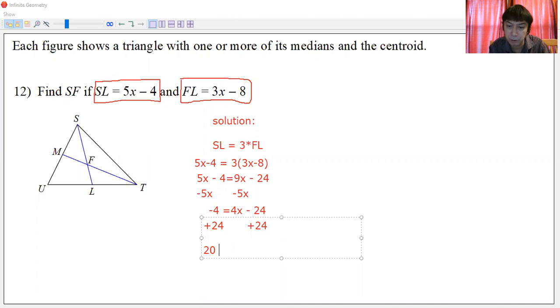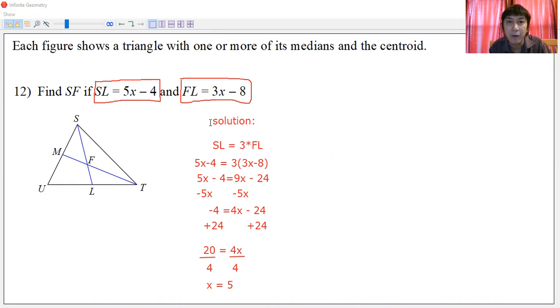For the right side we get 4x. And one more step, then we will have the answer. Divide both sides by 4. And so x is equal to 5.